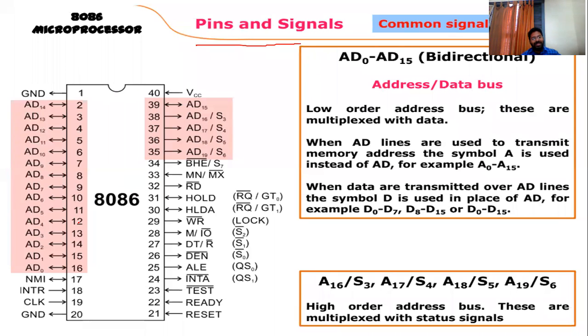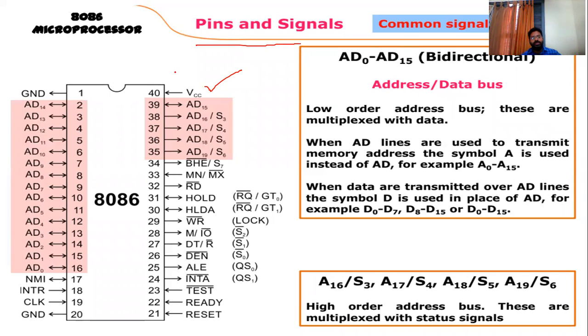This is the entire microprocessor. How many pins does the microprocessor have? A microprocessor has only 40 pins. By using only these 40 pins, you can connect input output devices or RAM and ROM memory. So how will we utilize these 40 pins effectively, because we have only 40 pins? How can we use the same pins for multiple operations?